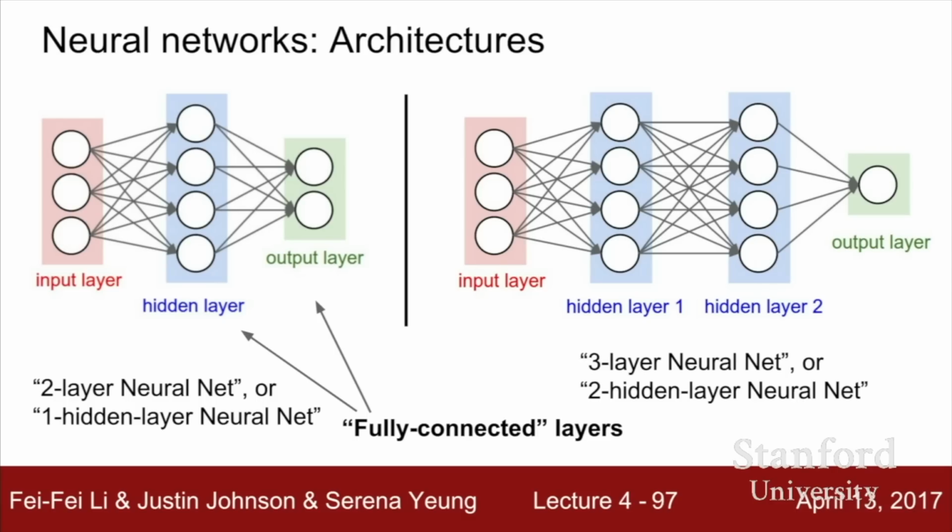We could also call this a 1 hidden layer neural network. So instead of counting the number of matrix multiplies we're doing, we count the number of hidden layers that we have. You can use either, but maybe 2-layer neural network is a little more commonly used. And then for our 3-layer neural network, this can also be called a 2 hidden layer neural network.